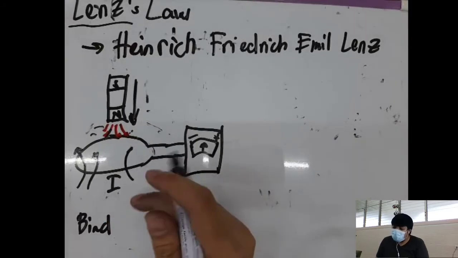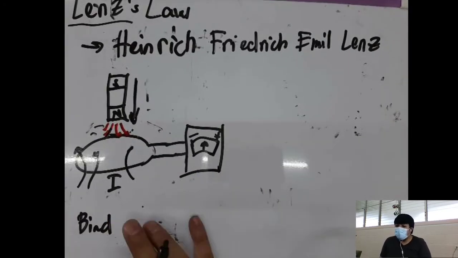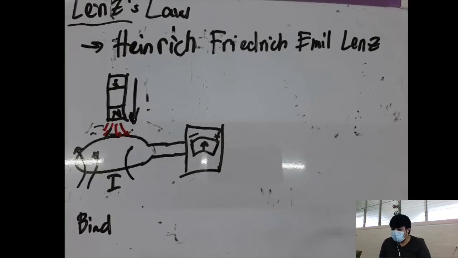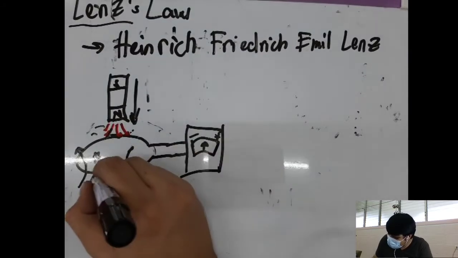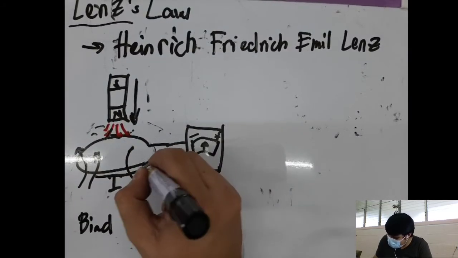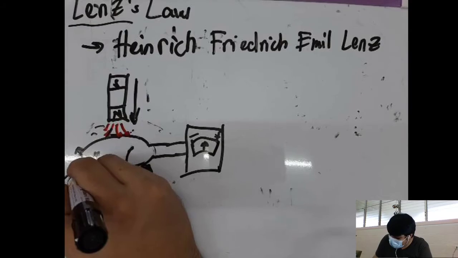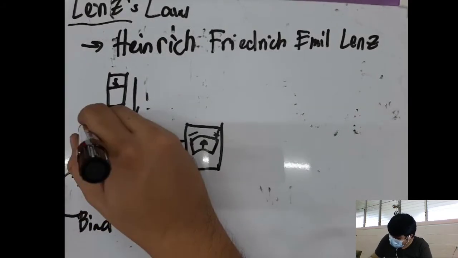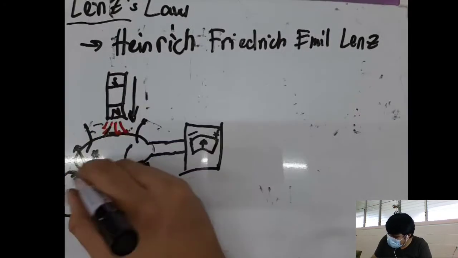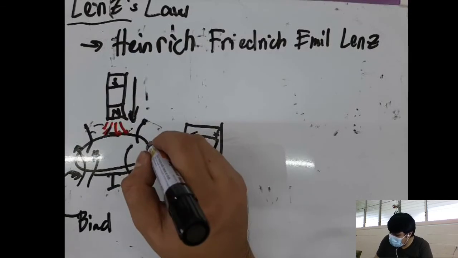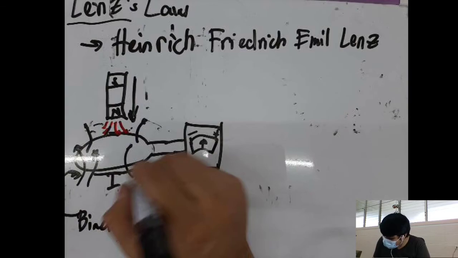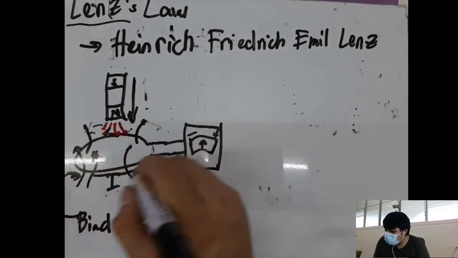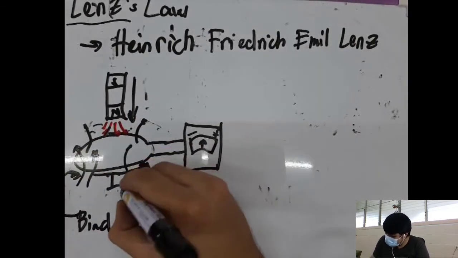And by virtue of the right-hand rule for fields, since the induced magnetic field is going up, the direction of the current will be going here. So this is our induced magnetic field, this one. So our current will move through here. If we're facing this direction, that will be counterclockwise.